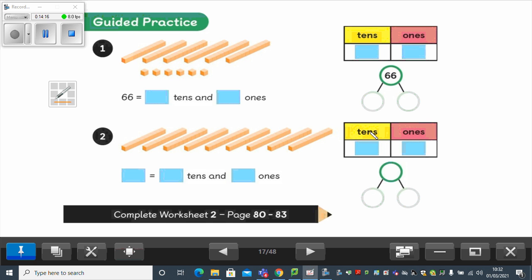How many tens on this side, how many ones, then transfer that on to your whole part-part model. Your whole number in here, and then the value of the tens and the value of the ones. Okay, have a go, and then come back to me and we'll look at it together.